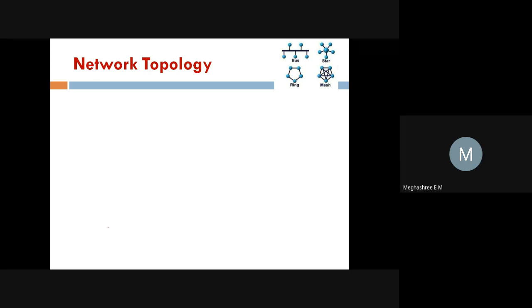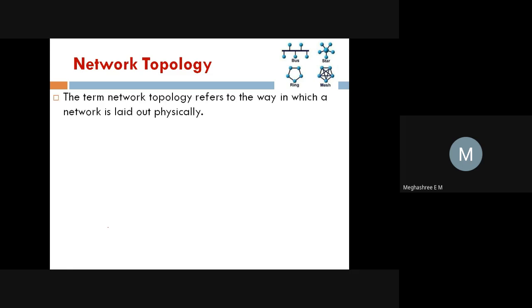Network topology is the way in which a network is laid out physically. That means the arrangement of nodes as well as links, that we call a topology. I will repeat, the network topology is nothing but the way in which our network is laid out physically.